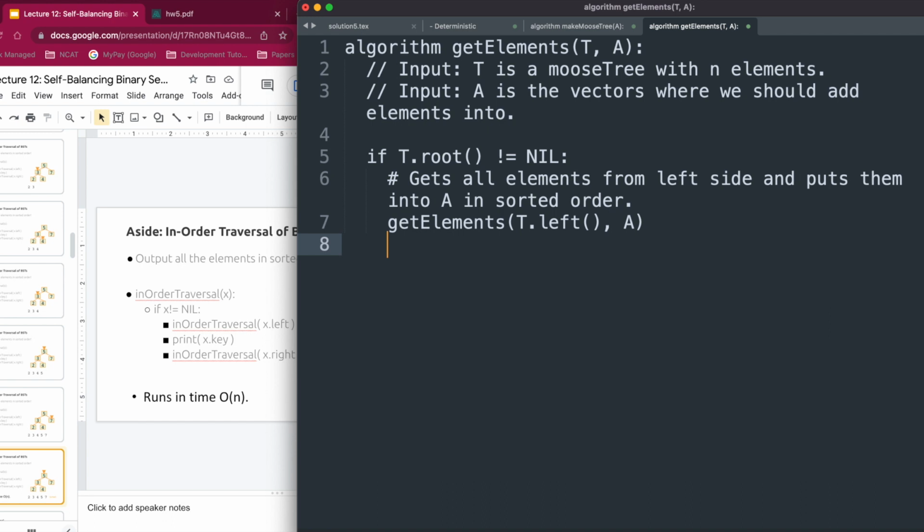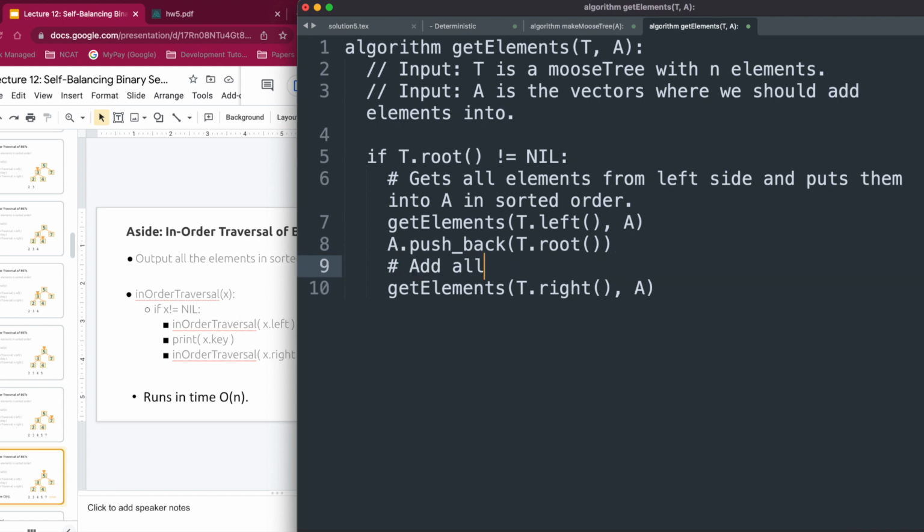Then we are going to add our element, so t dot root. Because it's not nil, we know it's something. So we add our element to A, and then we call ourselves on the right child. Again, this adds all elements from the right in sorted order.